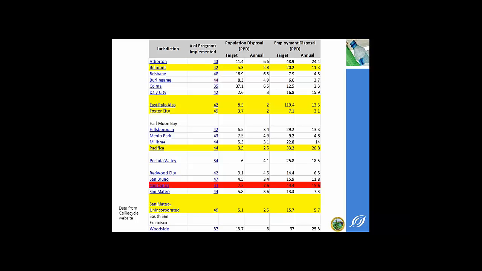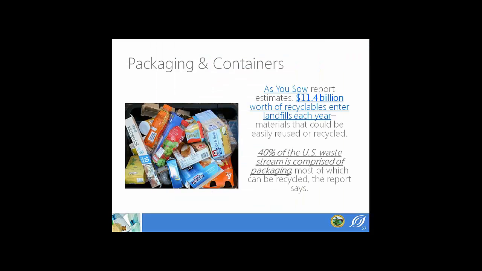East Palo Alto and Foster City are way down there at say 2 pounds per person per day. And pretty much all of the communities have met their goal. At the time this graph was put up, it might be a year or so old, San Carlos was the only one that was 0.1 pounds off from their target, but pretty much every community in San Mateo County has met their target for disposal reduction according to AB 939.